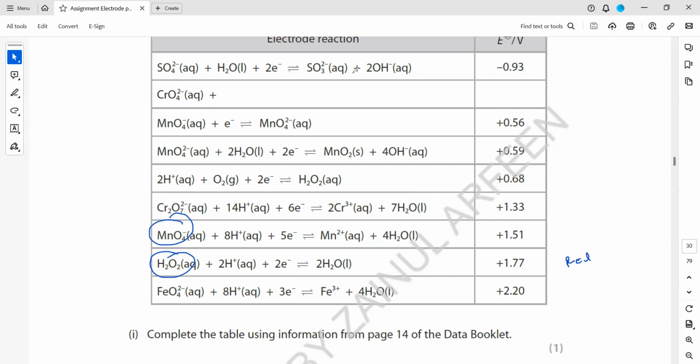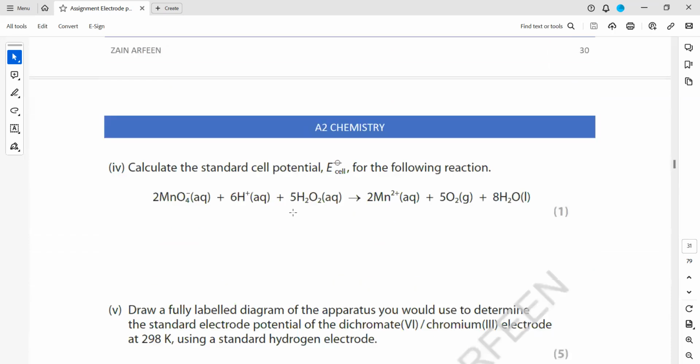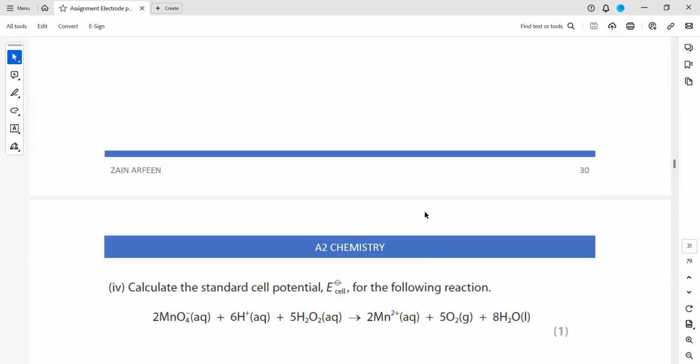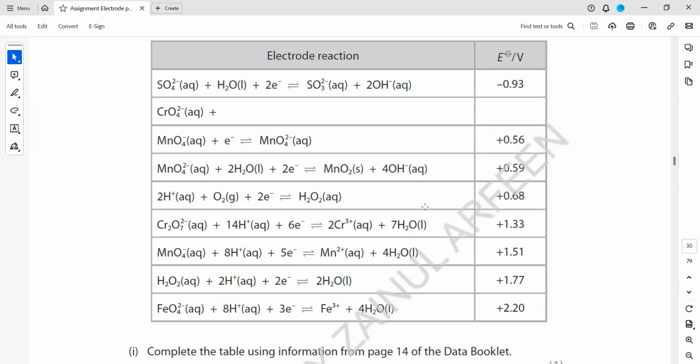And in the products, what we have is Mn 2+, as MnO4 changes to it. So which equation is having it? So we have this, and we have hydrogen peroxide.